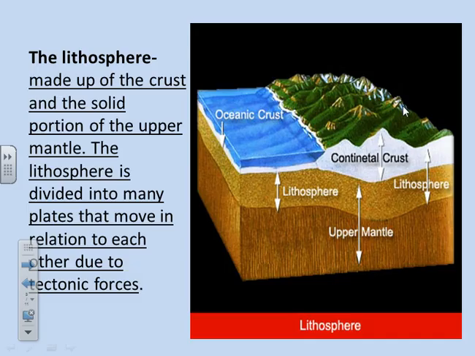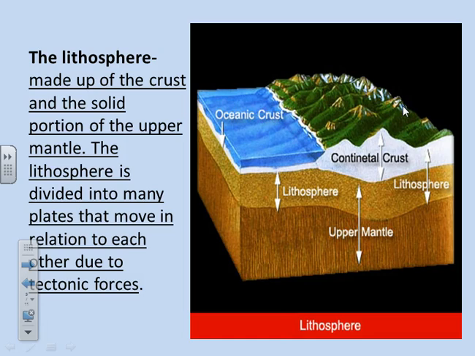Okay, so let's talk about the lithosphere. We've talked quite a bit during this note set about tectonic plates. We know the Earth's crust is broken into pieces. We call those plates. And it's actually not only just the crust that is moving during tectonic activity, it's what we call the lithosphere.